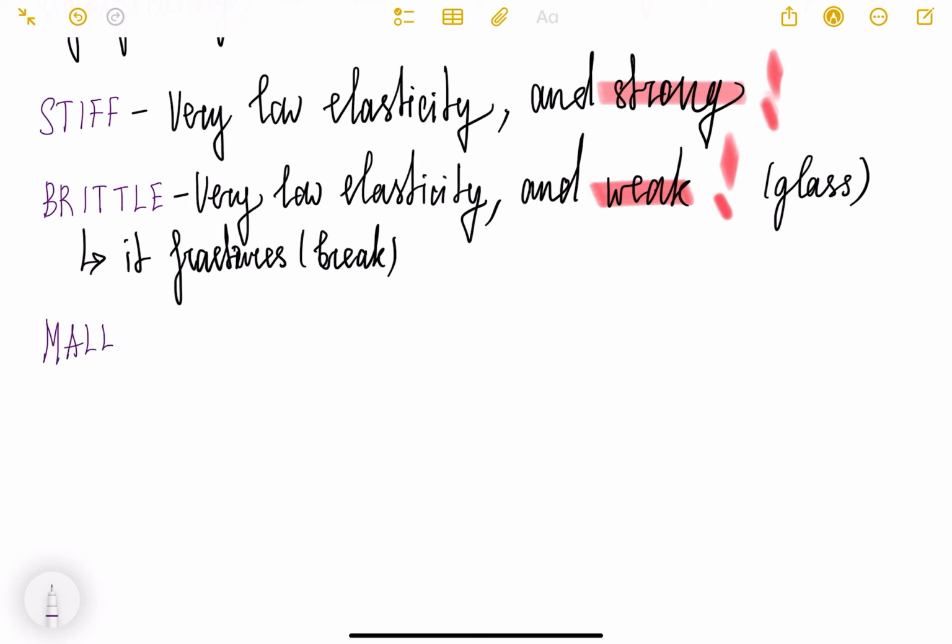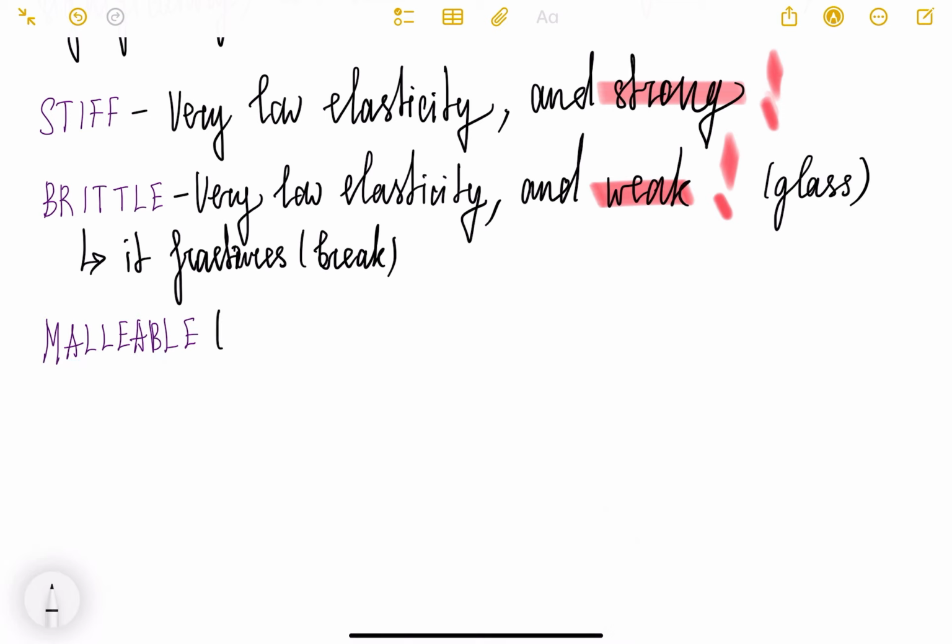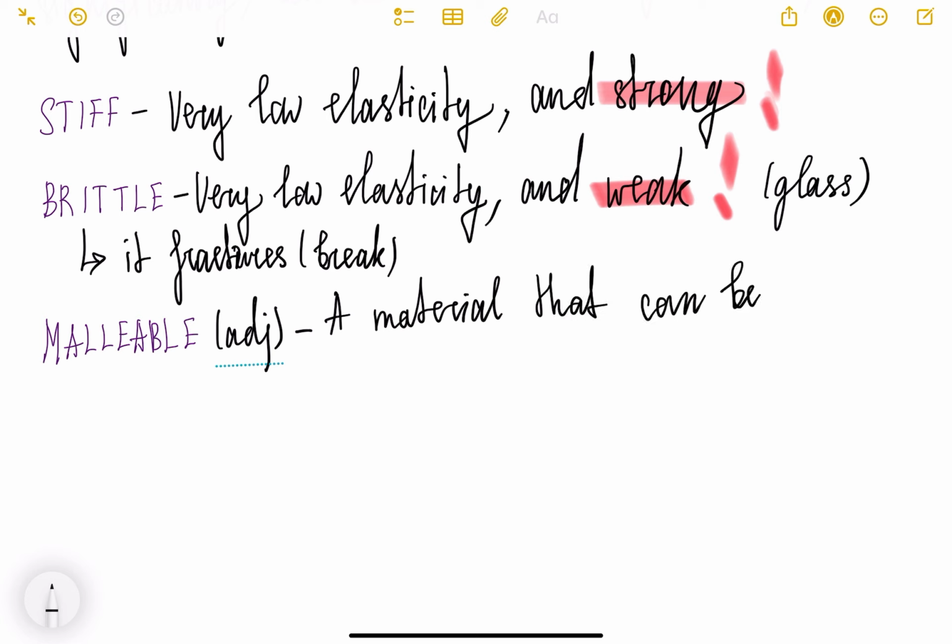This is an adjective. A material that can be plastically deformed by hammering or rolling.